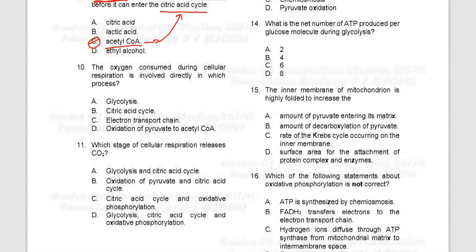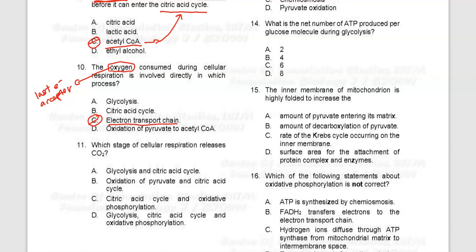The oxygen consumed during cellular respiration is involved directly in which process? The answer would be the electron transport chain, because oxygen functions as the last electron acceptor.